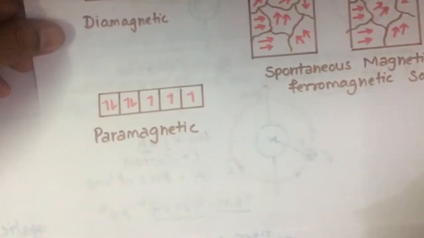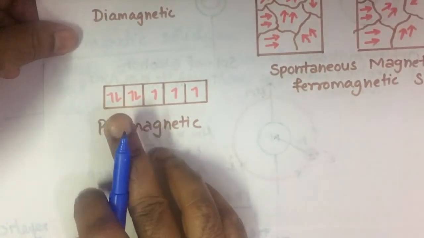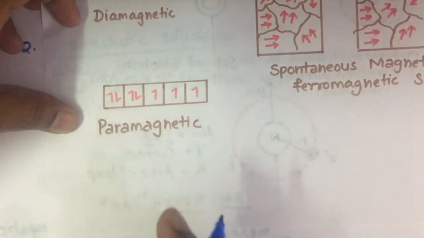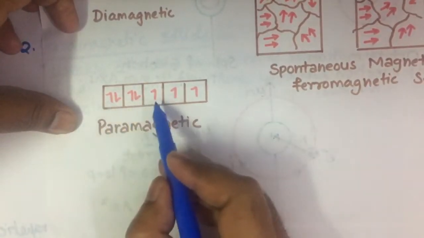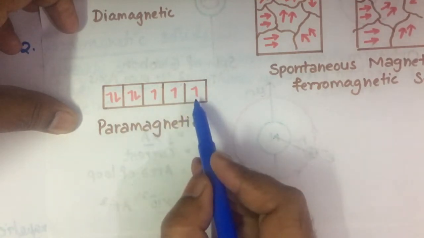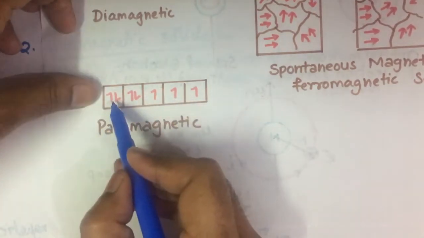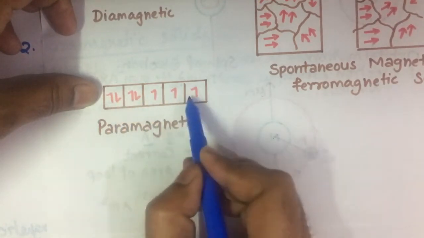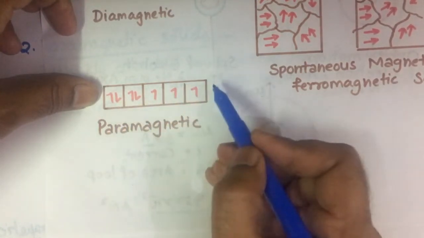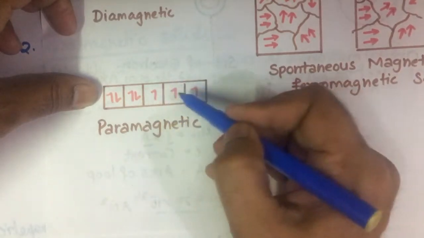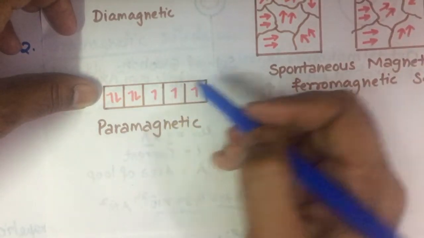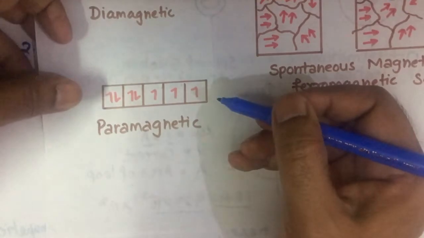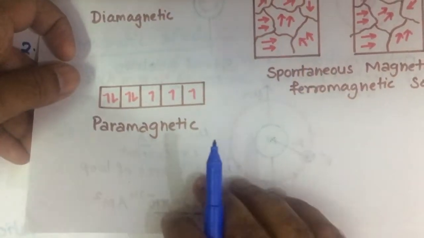Now this is the representation of a paramagnetic substance, where these are the paired electrons, but these three are unpaired electrons. The magnetic moment of paired electrons is cancelled by their pair, but for these electrons the magnetic moment is not cancelled because they don't have a pair, they are unpaired, so they have a net magnetic moment.